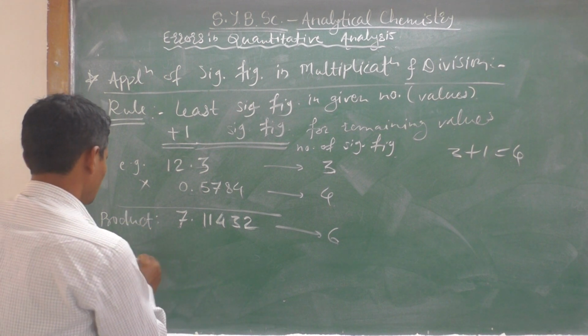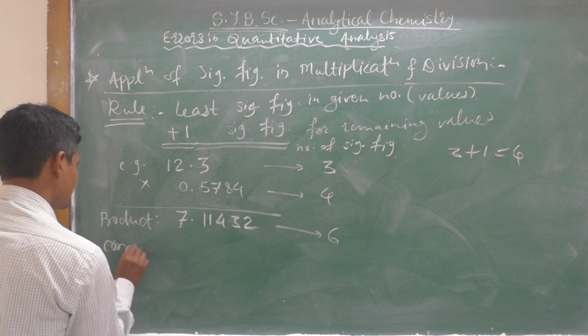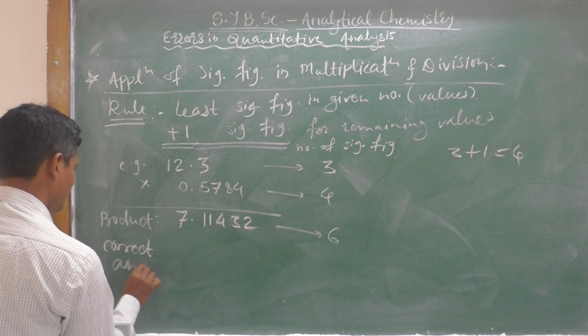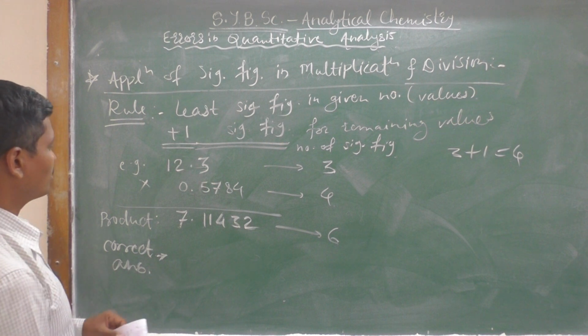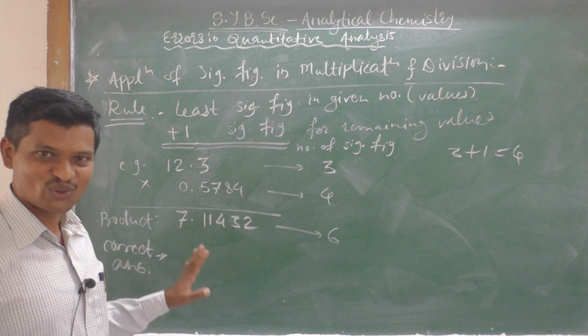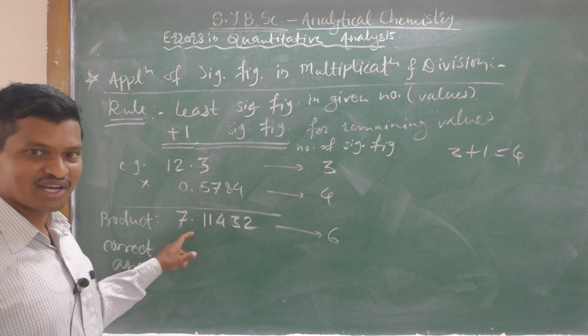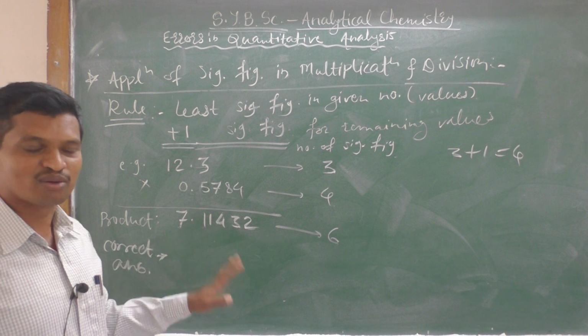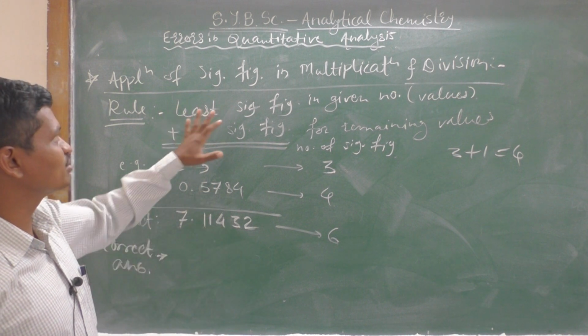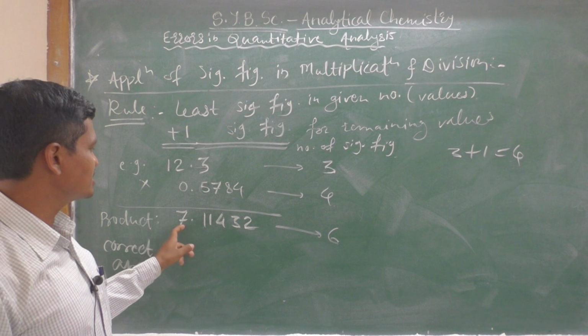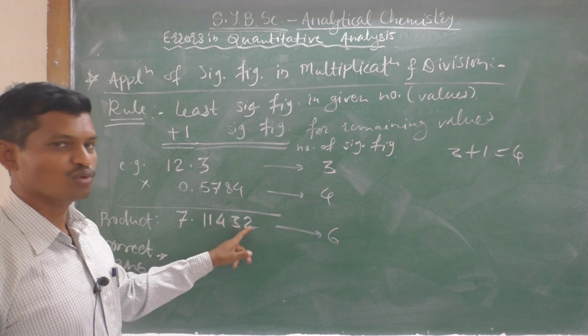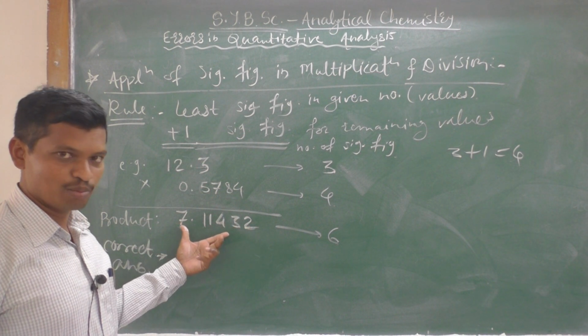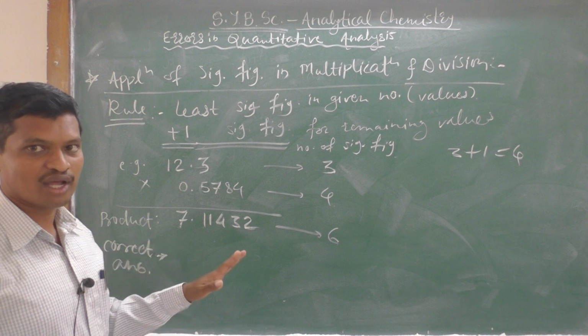So the correct answer is, no doubt this answer is also correct as per our general mathematical rules, but as per the concept of significant figures, this 7.11432, this whole number is not allowed as a correct answer.